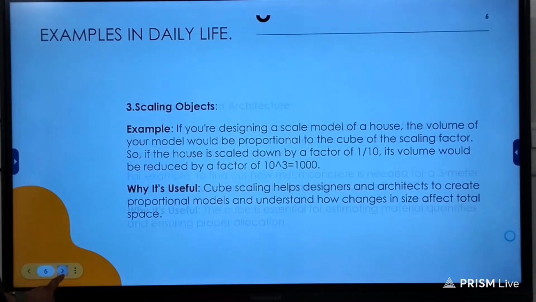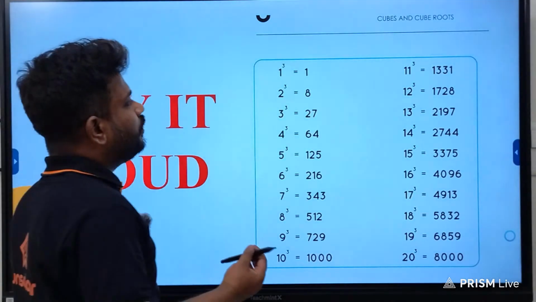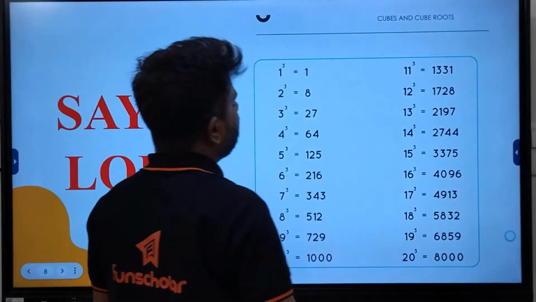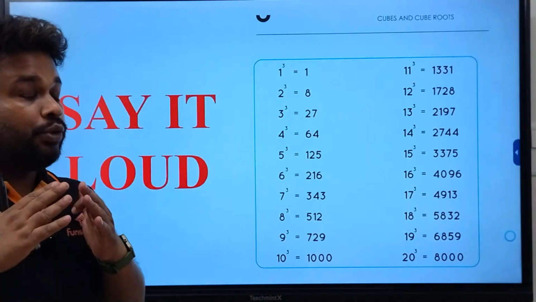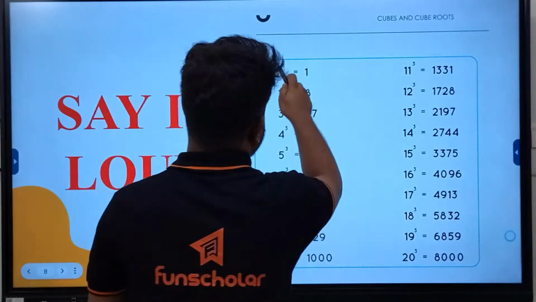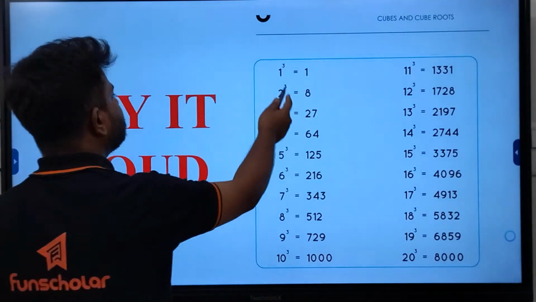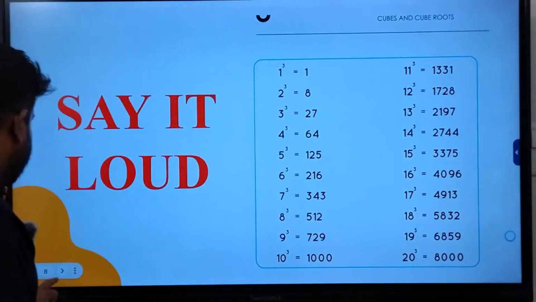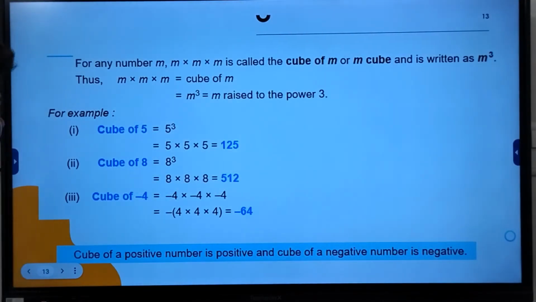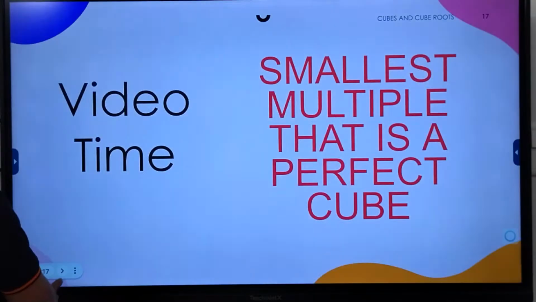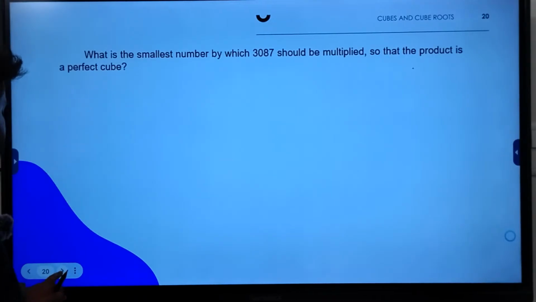Then we studied the cubes of numbers from 1 to 20, and it would be better if we memorize them up to 20, but if you don't want to, you can just remember up to 10. Then we learned what cubes actually are, how to solve cube related problems, and solved some problems.